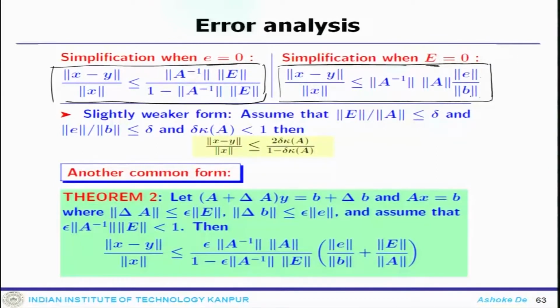Now, if you write in a slightly weaker form, assuming that the norm of E by the norm of A is less than or equal to delta and the norm of epsilon by the norm of B is less than or equal to delta, then I can write the norm of x minus y divided by the norm of x less than 2 delta times the condition number of A by 1 minus delta times the condition number of A. So, it can also be written in another form which leads to a second theorem.